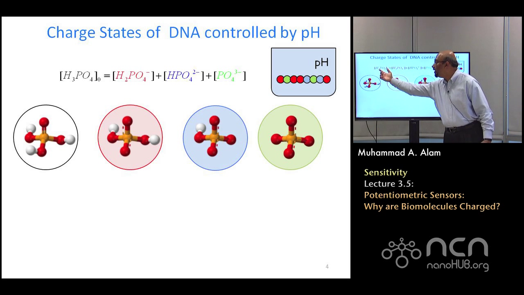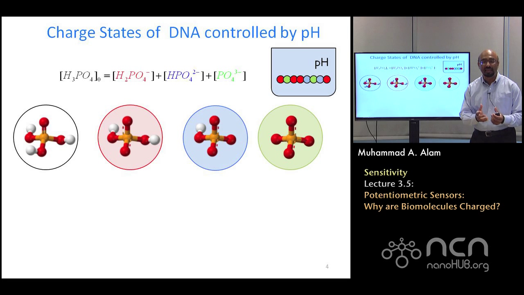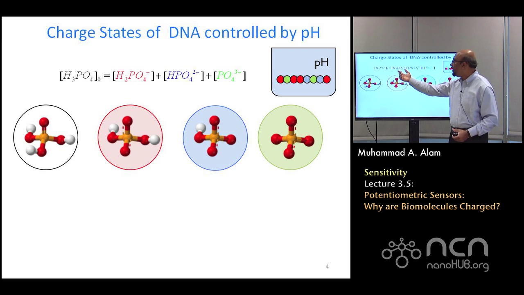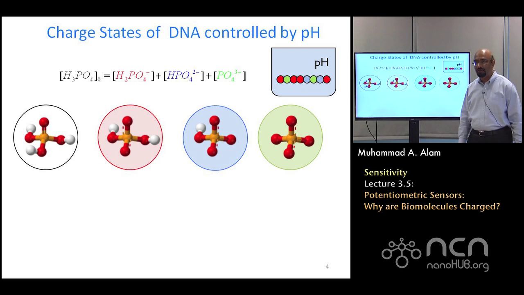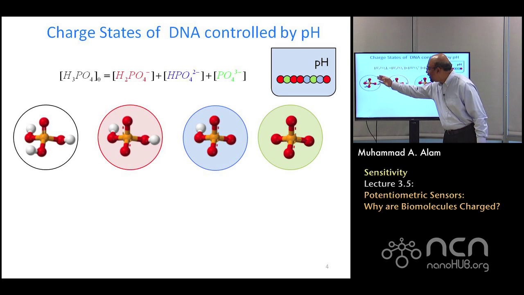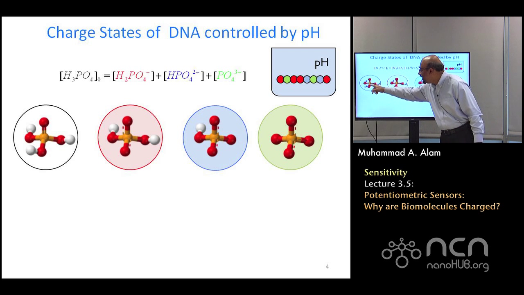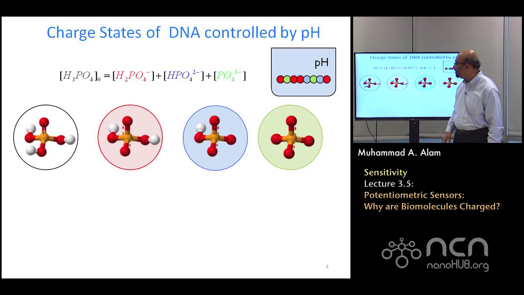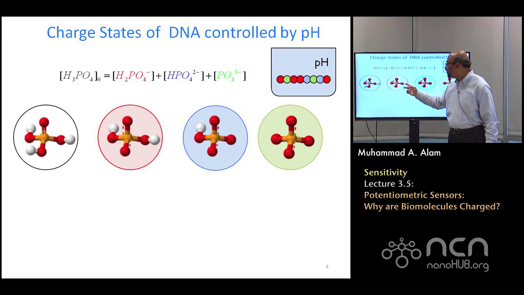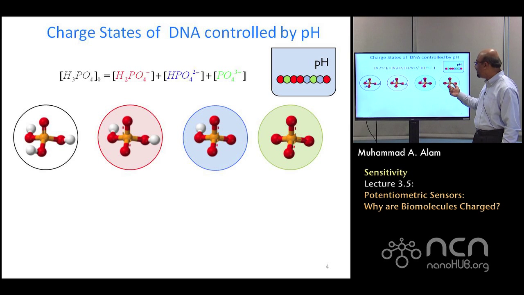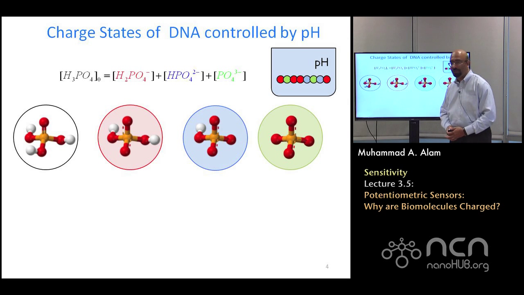So whatever number of original molecules you had in the dry state will essentially become charged when you put them in water. And this is the corresponding picture. This is neutral. You can see the 3 white hydrogen atoms hanging around. Here you see 2, here you see 1, and here you see nothing. So therefore, charge 3, 2, 1, and 0.